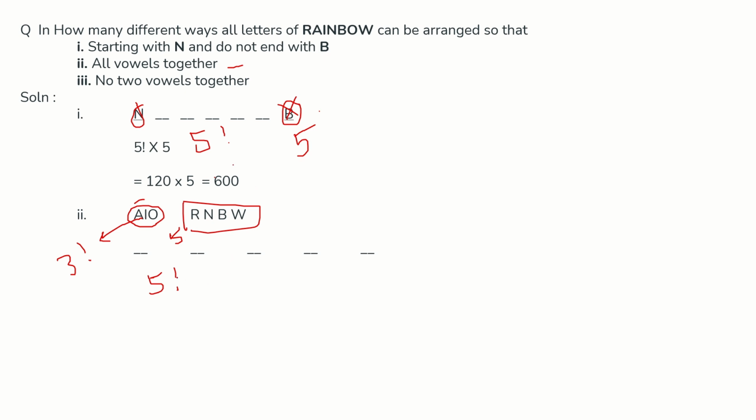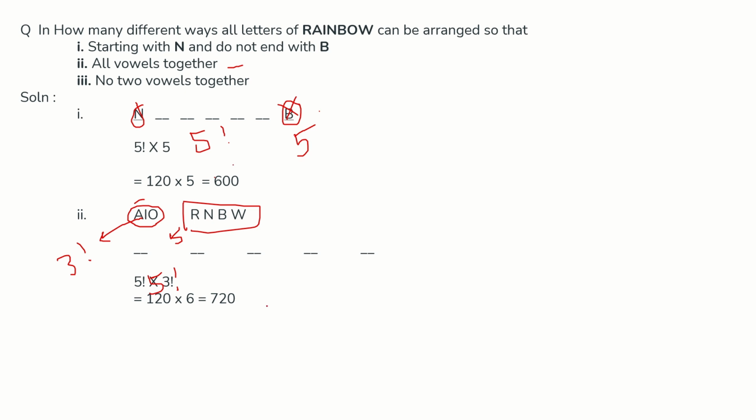So overall, we can write it as 5 factorial into 3 factorial ways. Here 5 factorial is 120 and 3 factorial is 6. So we get total 720 ways. By writing all vowels together, we can arrange rainbow in 720 ways.